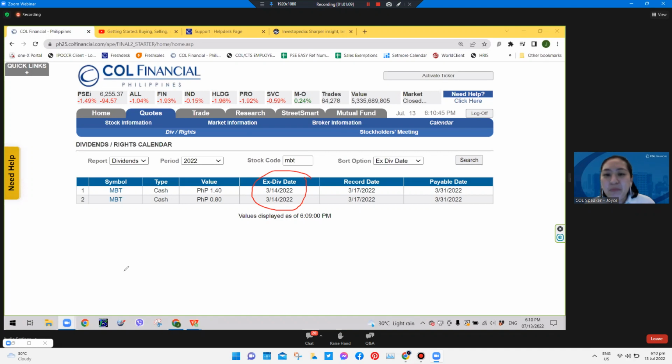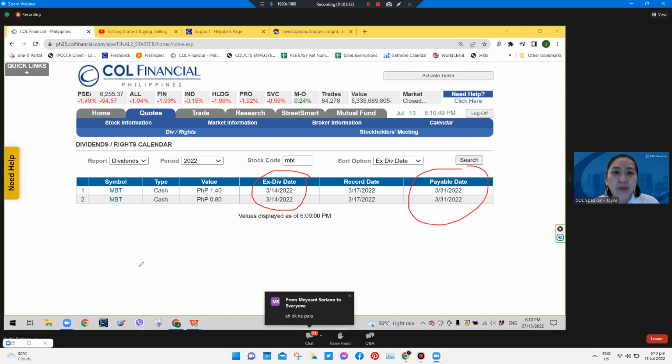Now, aside from this date, one thing you have to take note of is the payable date. Payable date is when we will credit the cash to your COL account for you to use to invest again or to withdraw if you like. So the ex-div date tells us who is entitled to the dividends.